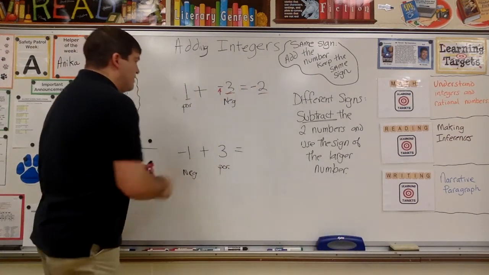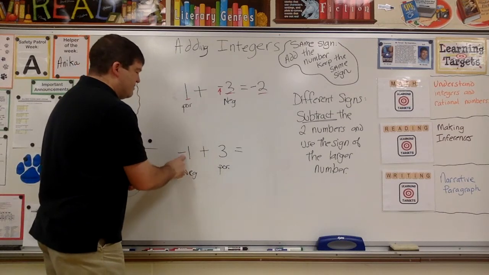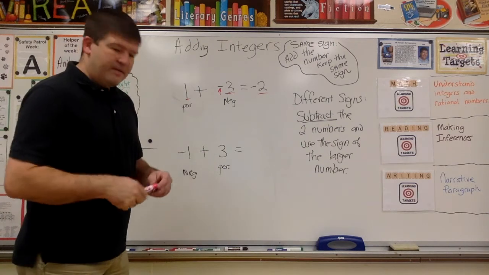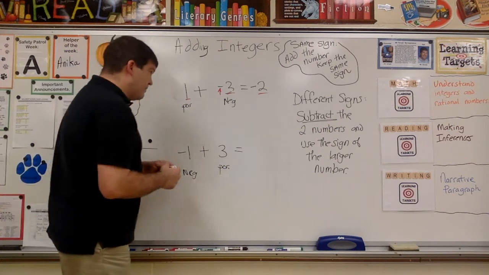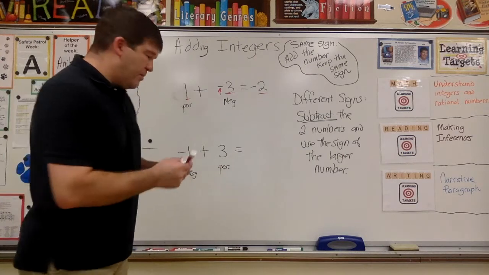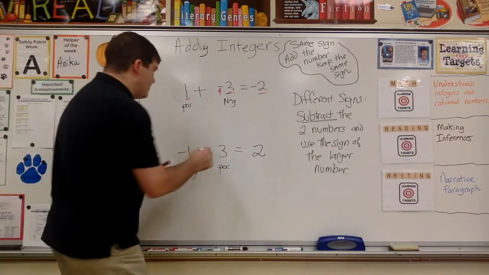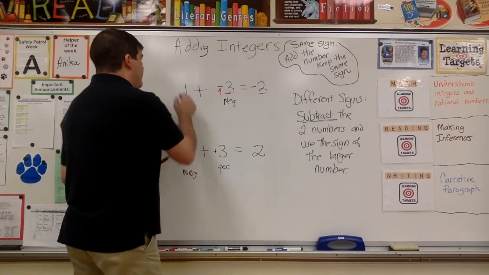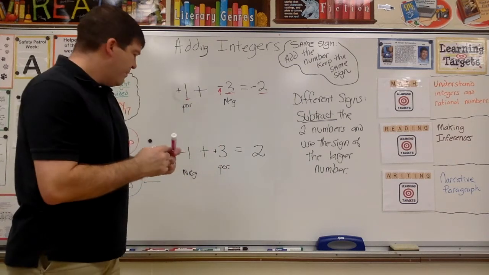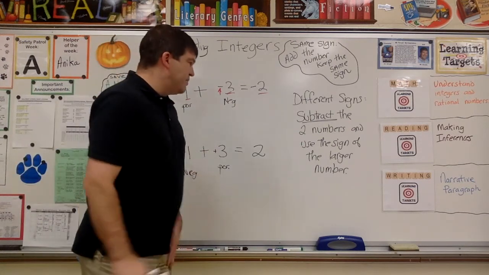Let's do it with this one here. Same numbers, but the signs are different. So it's -1 plus 3. Okay? So I'm doing different signs. 3 and 1. I subtract 3 and 1. I get 2. Okay, and I'm going to put a positive here. Put it there, too. So I took the 3 and the 1, subtracted them, got my 2.